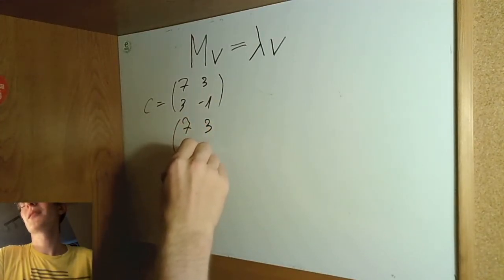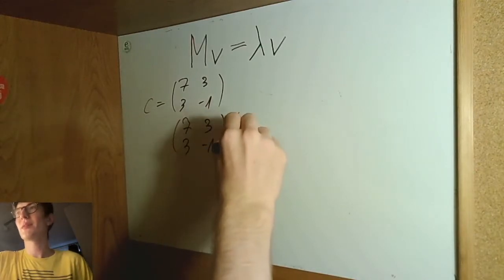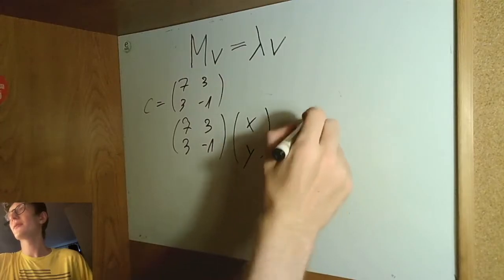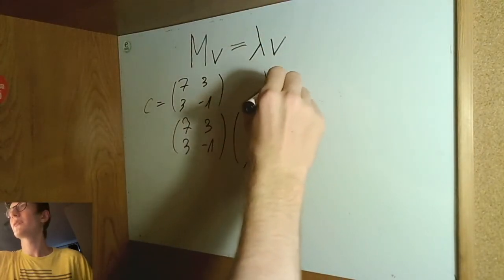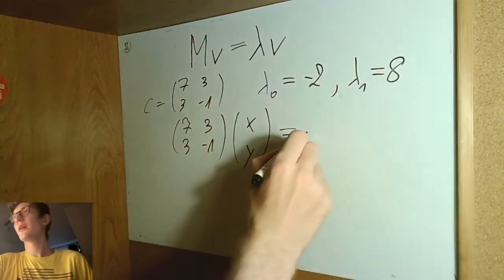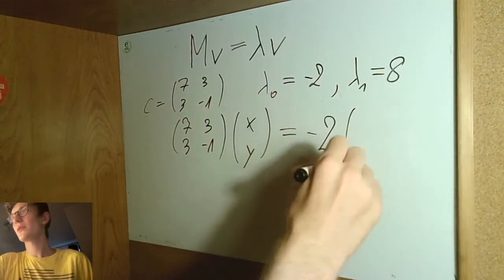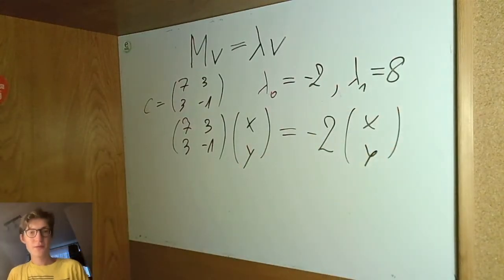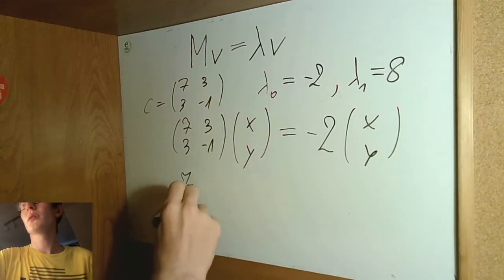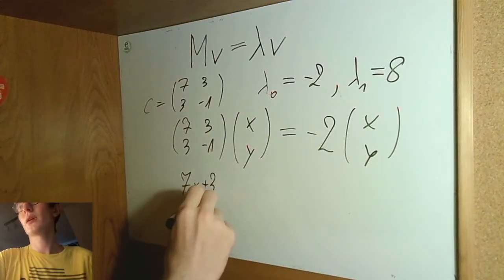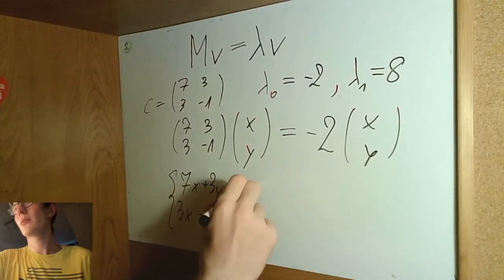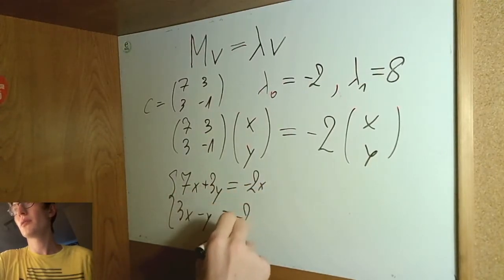By this I mean that this matrix times some unknown vector, let's call it xy, gives us, okay, I will write that lambda 0 is -2 and lambda 1 is 8, right? And this is -2 times xy, right? This gives us some system of equations. So it's 7x plus 3y and 3x minus y. And here we have -2x and -2y.